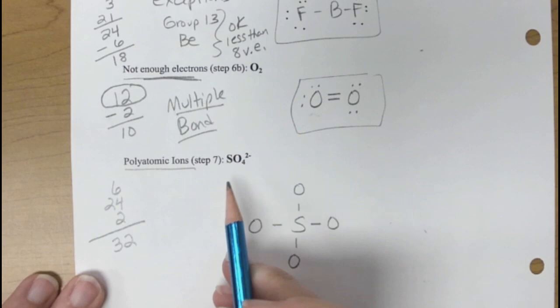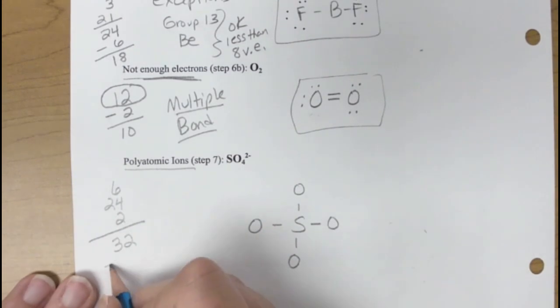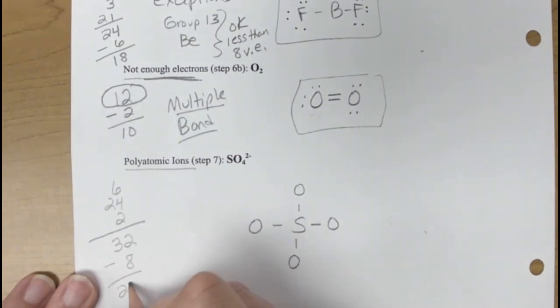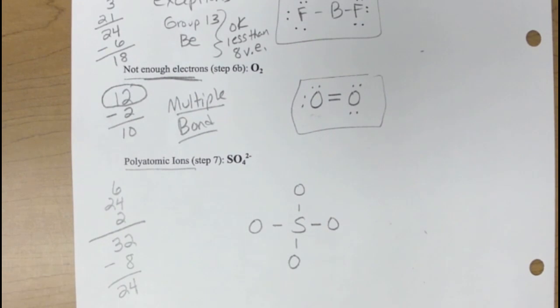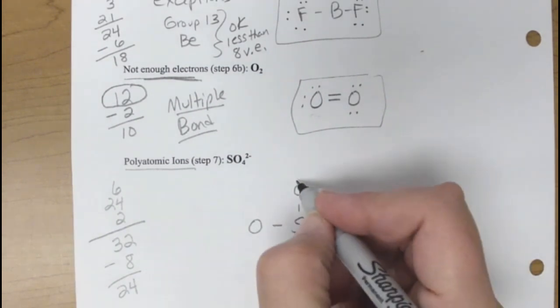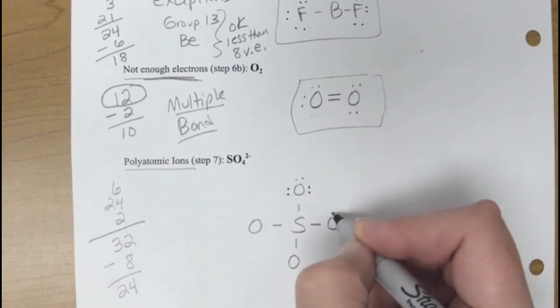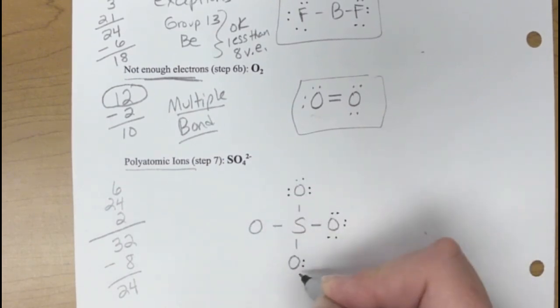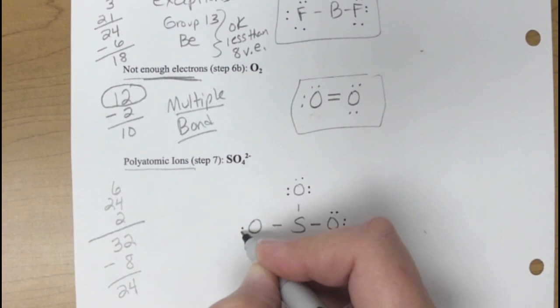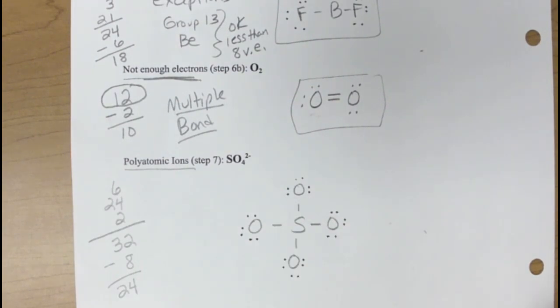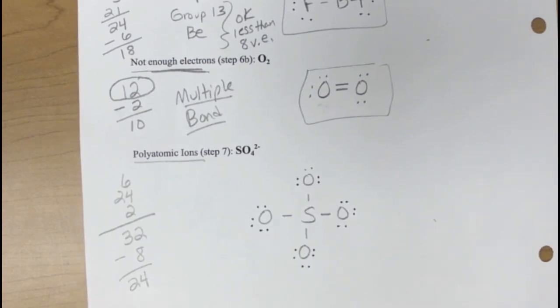And we are going to see that we've used up 8. So when we subtract 8, we get 24 electrons. So we're going to add some lone pairs on our oxygens so that they have 8, and we've used up all 24 electrons.